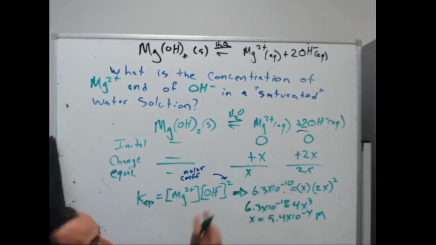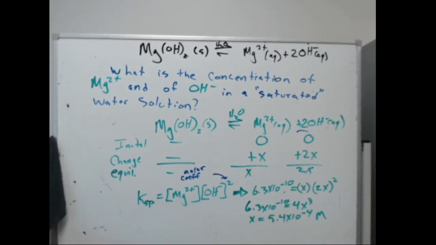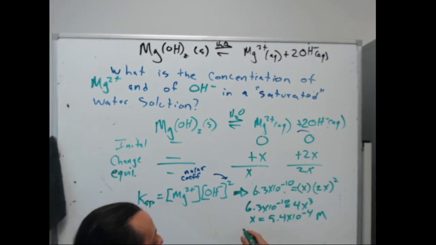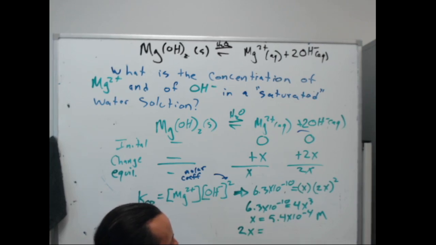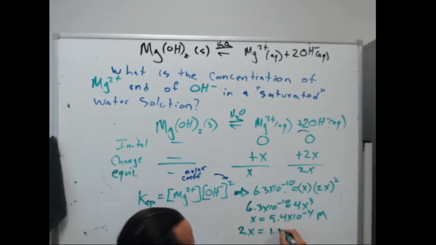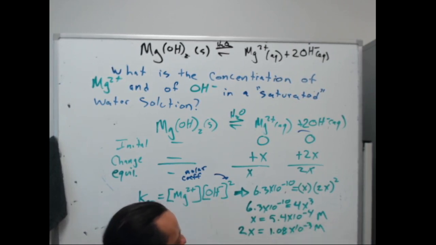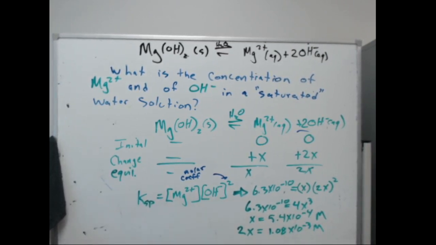And that would be my concentration of magnesium ions at equilibrium, the saturated value for this particular problem. In order to get the hydroxide concentration, I need to solve for that 2x, which would just be that number times 2, 1.08 times 10 to the minus 3 molarity. That's going to be my hydroxide concentration, the 2x. Particularly 2x because of the way we set up the problem.